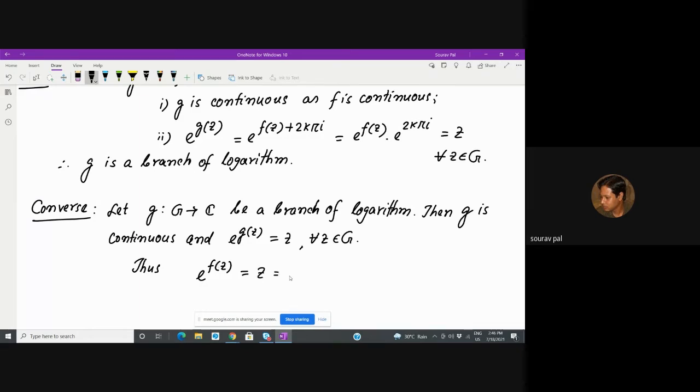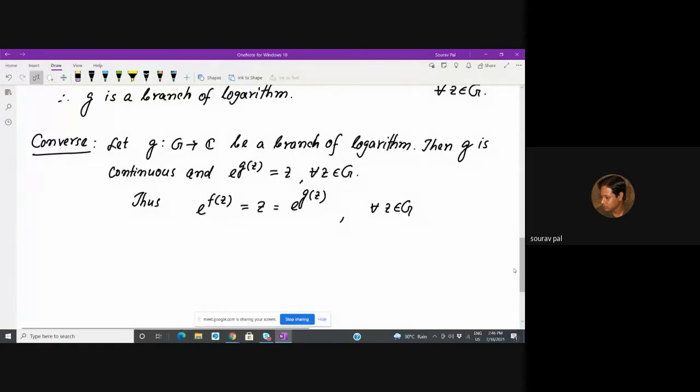And what happens if you have e to the something equal to e to the something? If you go back to the second class, this is the property of the exponential. You will see fz equals gz plus 2k pi i.